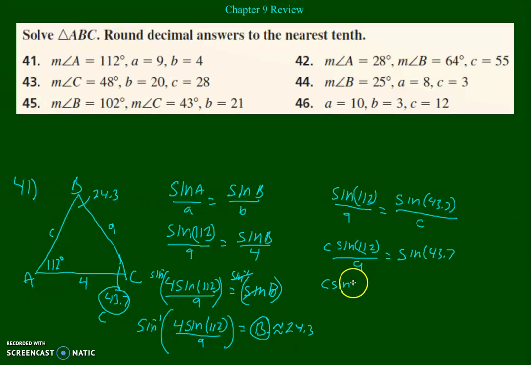C sine 112 equals sine 43.7 times 9, and then divide by sine 112. So C equals sine 43.7 times 9 divided by sine of 112.